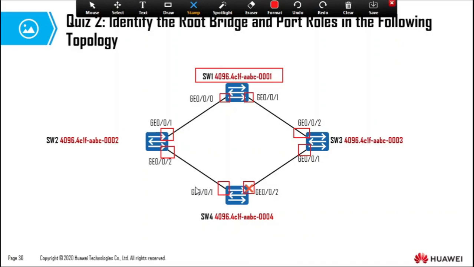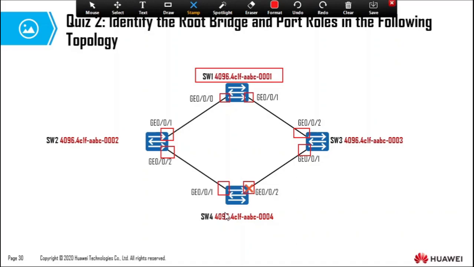I think the RPC to the root bridge is the same for both of them. No. The root path cost to the root for G001 and G002 on switch 4, they're different. See, they're the same, right? Yeah.